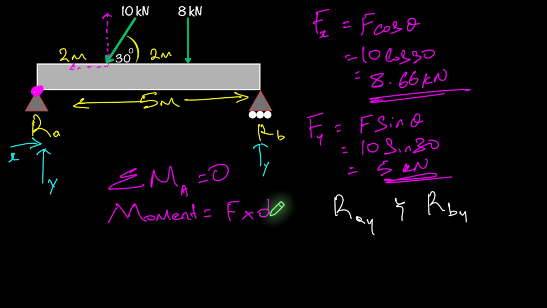And because we're taking the moment about point A, the distance of those points from themselves would effectively be 0. So we've nullified those forces and we're left with only forces that will have some sort of moment effect.